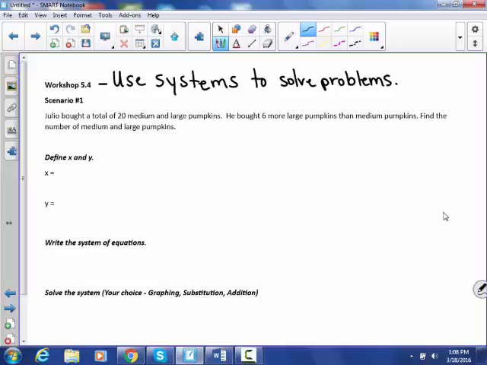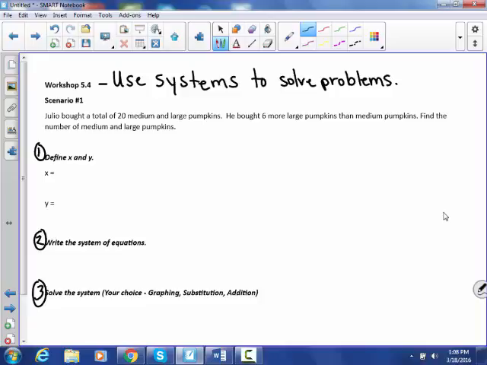What you guys tend to think is hard on this is how do I even set the problem up? Okay? So I'm going to show you a couple tricks today that I hope will help you with word problems to help you set them up. The first thing I want you to do is these will always be your 3 steps whenever you're solving word problems that involve systems.